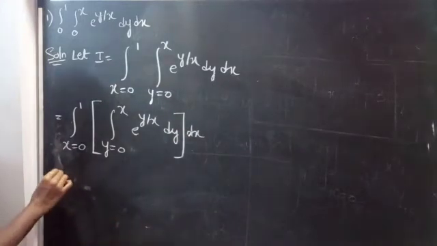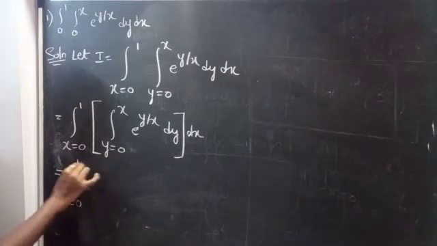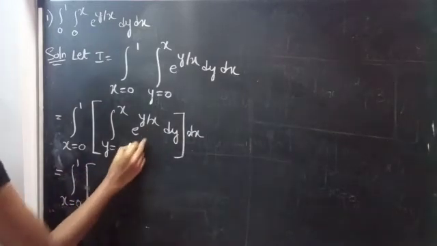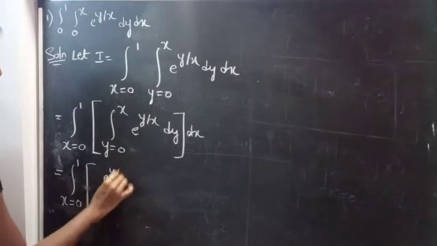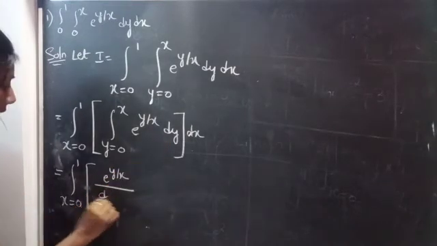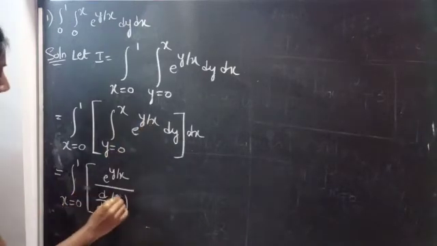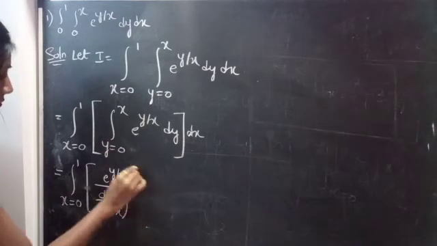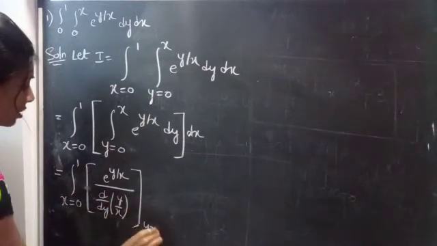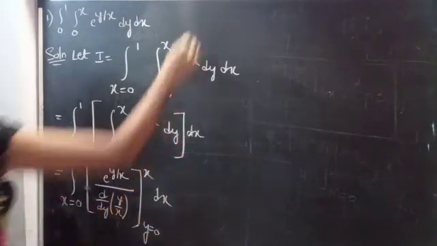So this is equal to integral x equals 0 to 1. The integral of e power x is e power x, so here it is e power y by x divided by d by dy of y by x, under limits y equals 0 to x, into dx.